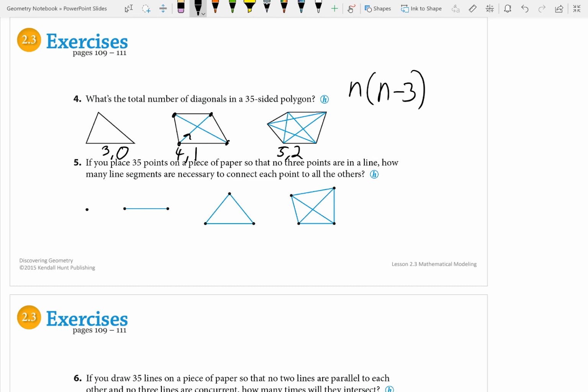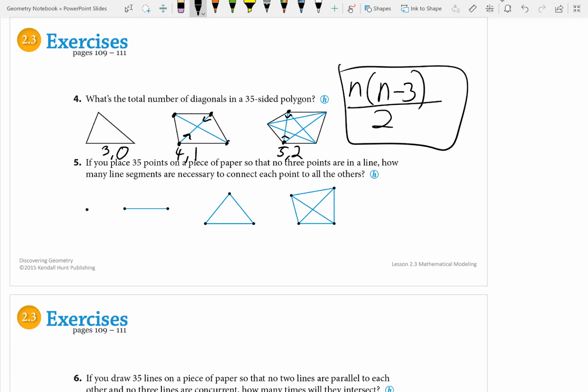Right, but if we do n minus 3, what we're going to end up doing is what's called double counting. Because this vertex has 1, and this vertex has 1, or this vertex has 1, and this vertex has 1. So in order to avoid double counting, I have to divide by 2. So the final result is this.